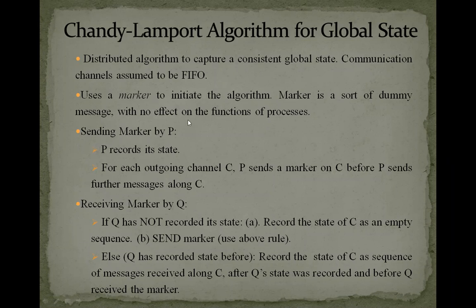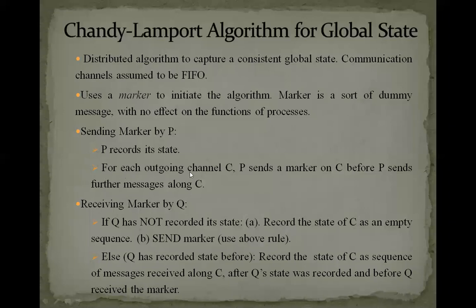So what is happening with the help of the marker? Whenever the marker is sent by the process P, the process P will record its state. Whenever a process is in a position to send a message, before sending a message, it is necessary to send a marker and then record its state.